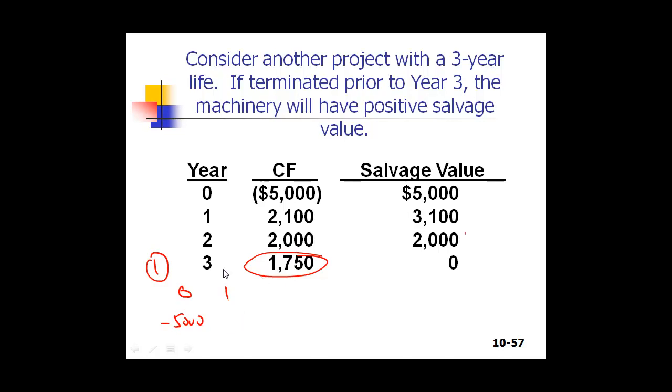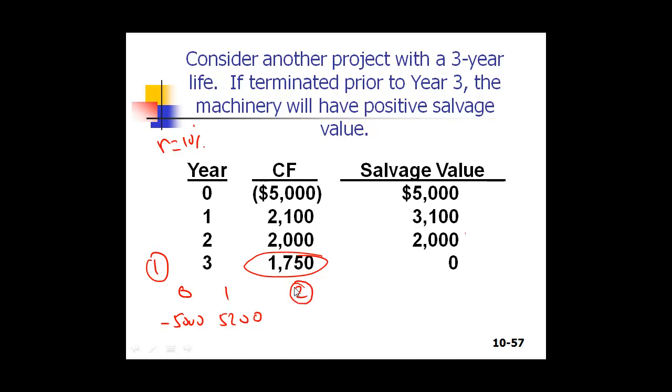If you use the machine for 1 year, what's your cash flow for year 0 and year 1? Just 2,100? I'm telling you that you're just using it for 1 year, which means that you are selling it after 1 year. 5,200. Assume a discount rate of 10%. So this is option 1.